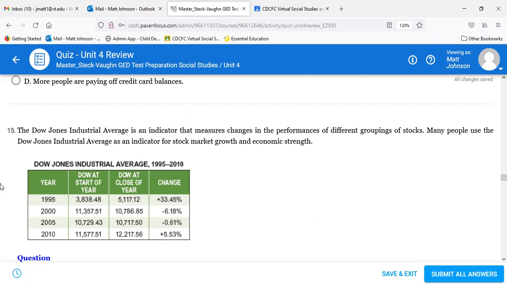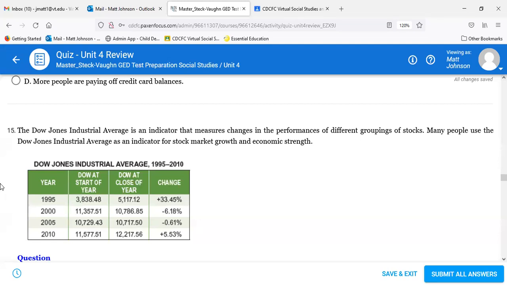So then we see the percent change, right? 1995, great year. It grew from 3,000 or 3,800 to around 5,100, a 33% change. Big year. The 90s were, generally speaking, a good economic situation for the United States. 2000 starts to change, right? Now we have a negative change.